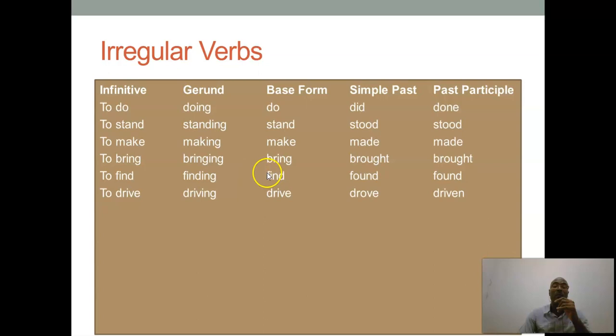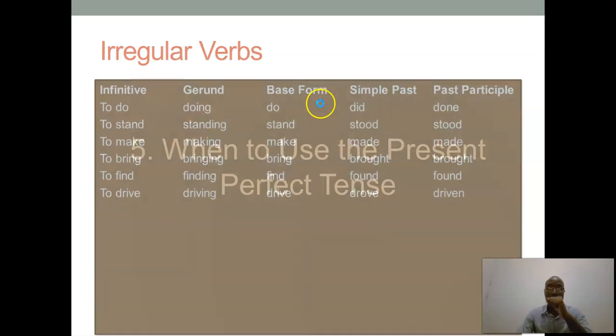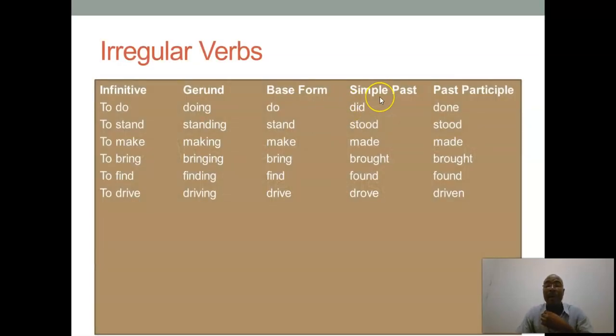Now, let's look at some irregular verbs. These verbs are not regular. What does that mean? Please take a look at the simple past of these verbs. For example, to do, that's the infinitive. The gerund is doing. The gerund is always the ing form of the verb.